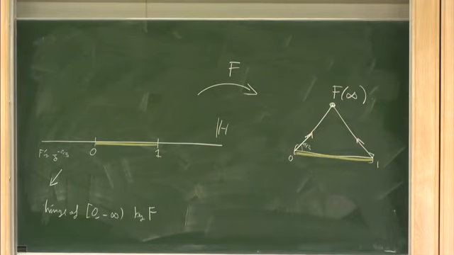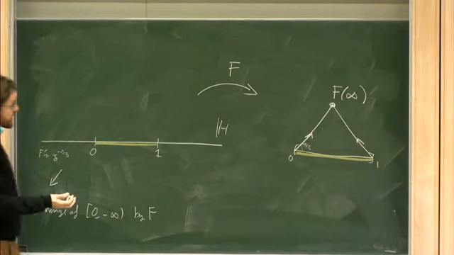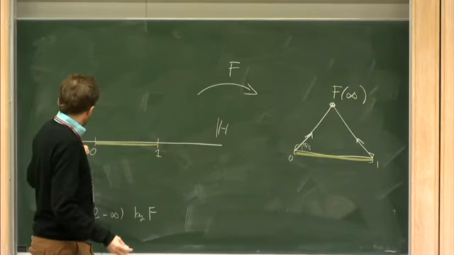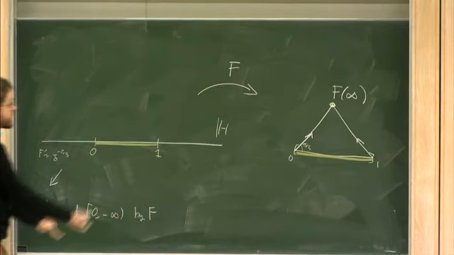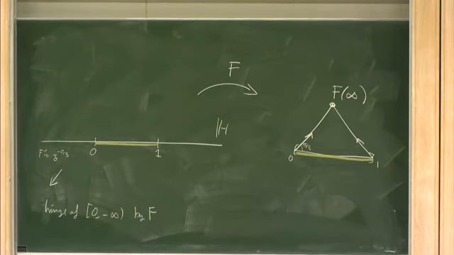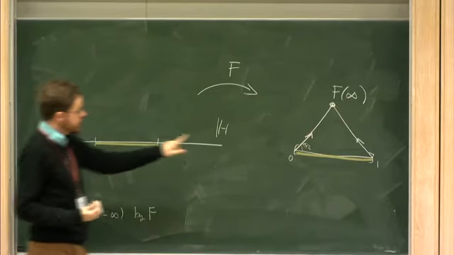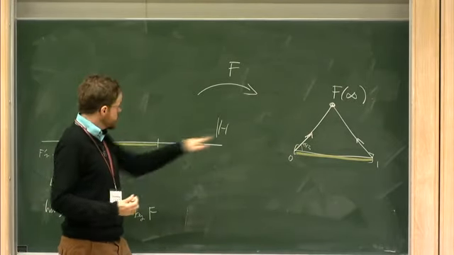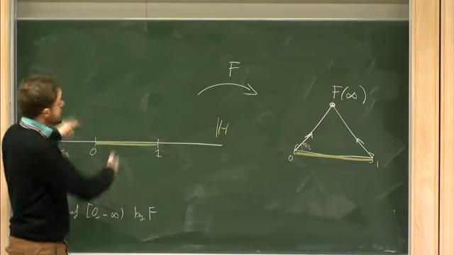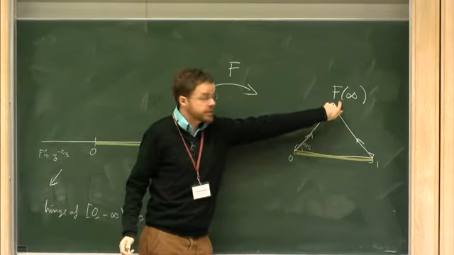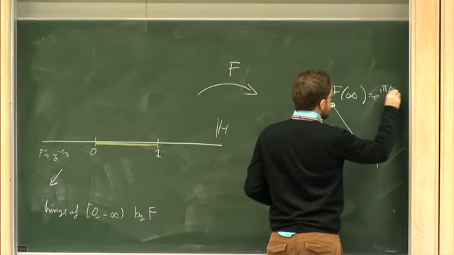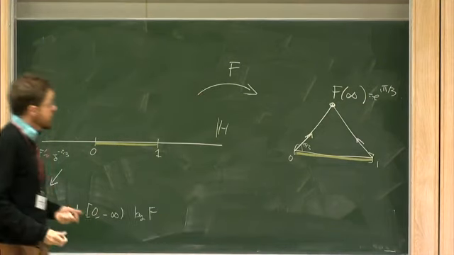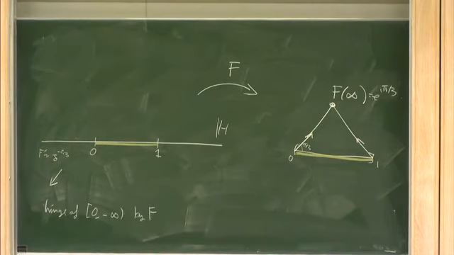So by the argument principle that Clément explained just 1 hour ago, what this really means is that f, when you extend it to H, becomes a conformal map from H to the triangle, mapping 0 to 0, 1 to 1, and infinity to this point here. So that's e to the i pi over 3. And there is a unique such map because of the Riemann mapping theorem.